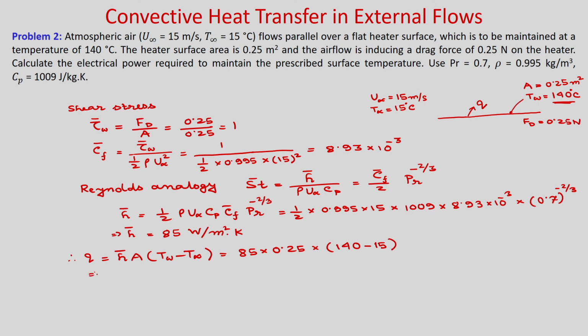If you calculate it, you will get Q as 2.66 into 10 to the power 3 watt, or Q is equal to 2.66 kilowatt. So, this is the electrical power required to maintain the surface temperature at 140 degree centigrade.